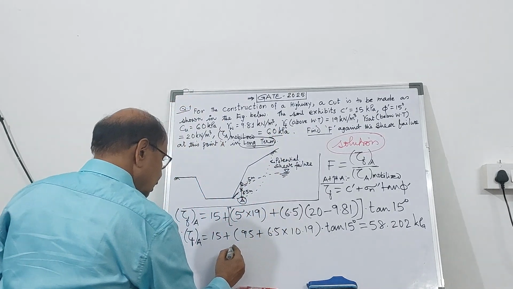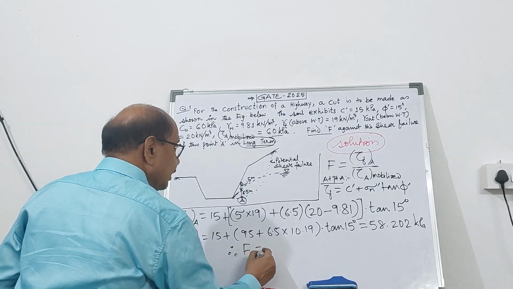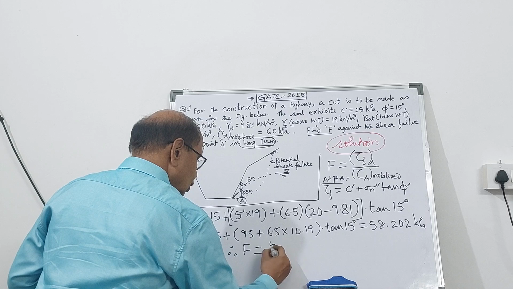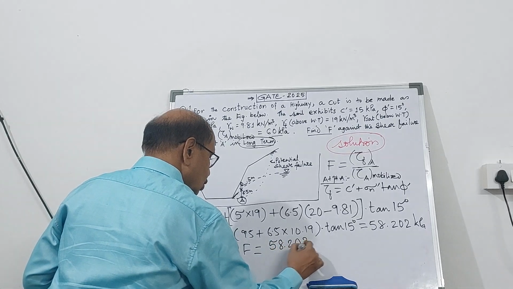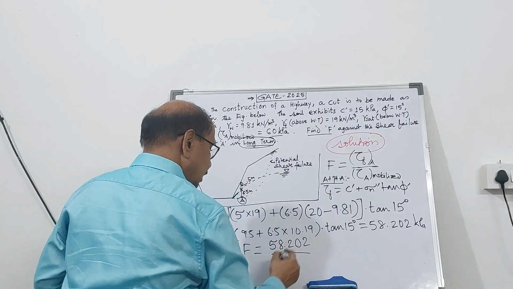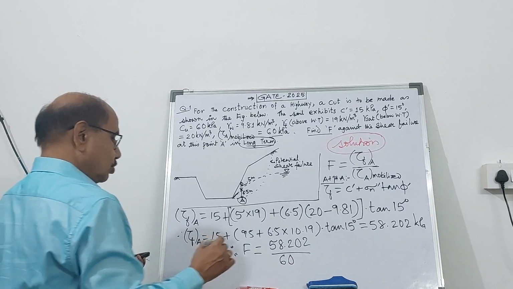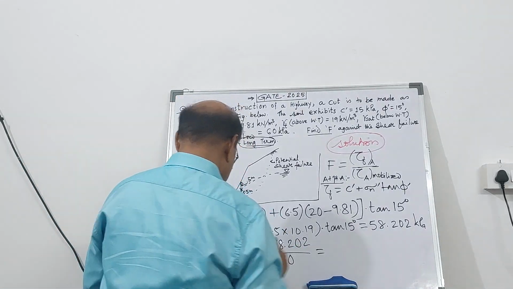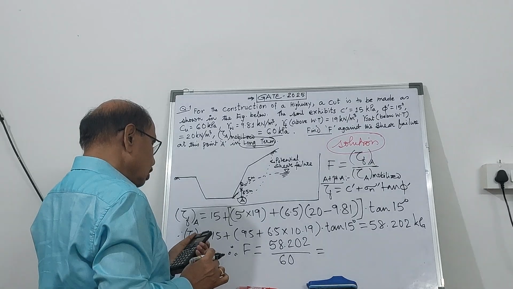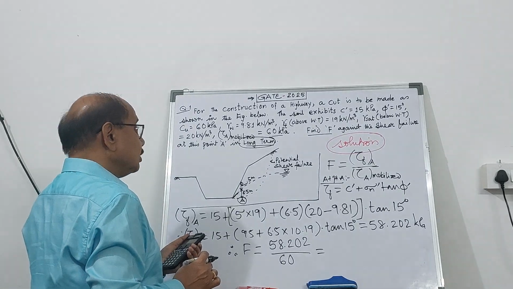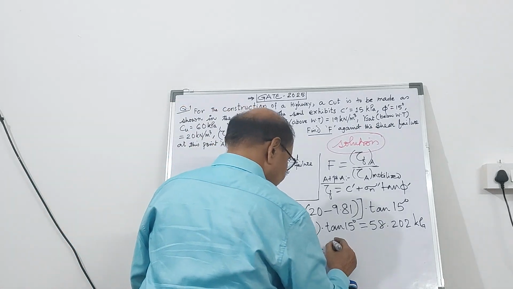Therefore, we can calculate the factor of safety equal to 58.202 divided by tau mobilized, which is 60 kilopascal. So the ratio of this, divided by 60, gives you the value of 0.97.